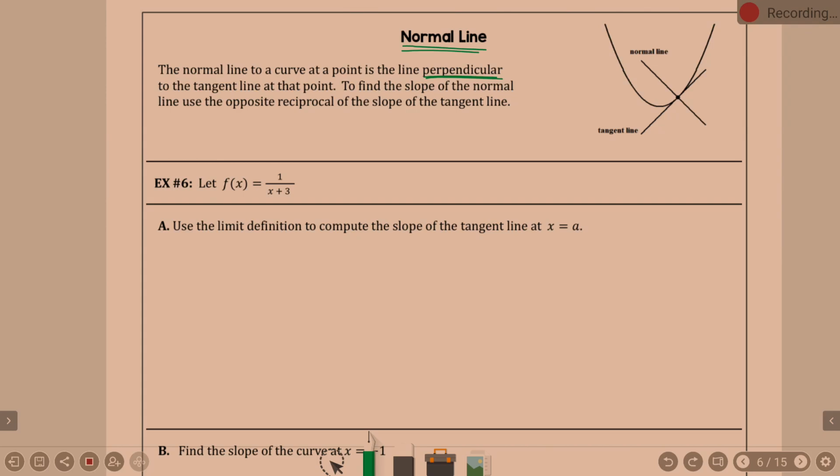So, okay, the normal line to a curve at a point is the line perpendicular to the tangent line at the point. So you see in the diagram right here, here's your tangent line. The normal line is the one that is perpendicular. Remember, perpendicular means meeting it at a right angle. Not just crossing it, but specifically meeting it at a right angle.